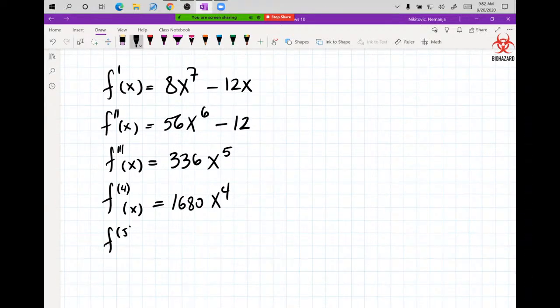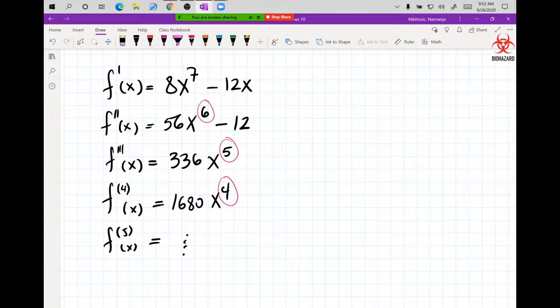You can take the fifth derivative all the way. Eventually, look at your exponent. Eventually, it's going to die out. 7, 6, 5, 4, 3, 2, 1. Constant, and the next derivative is 0.